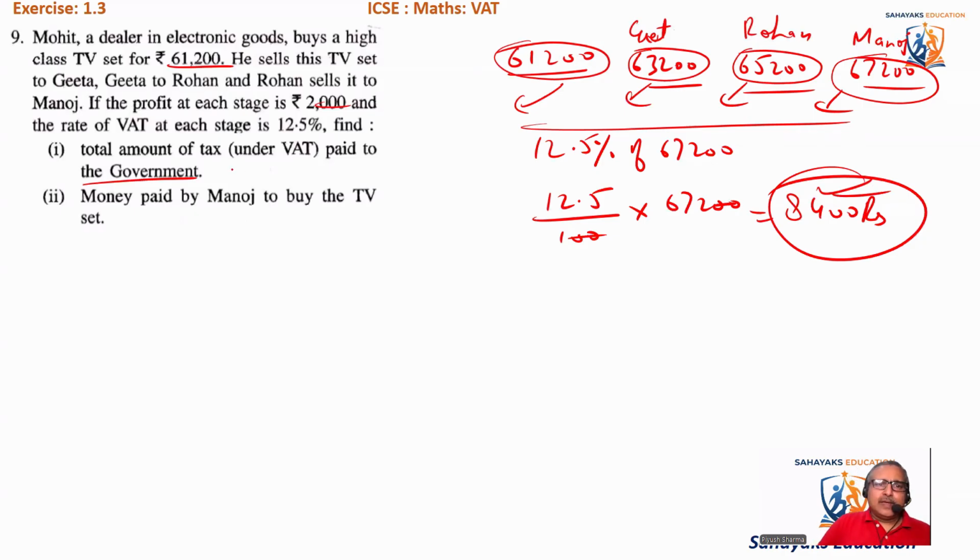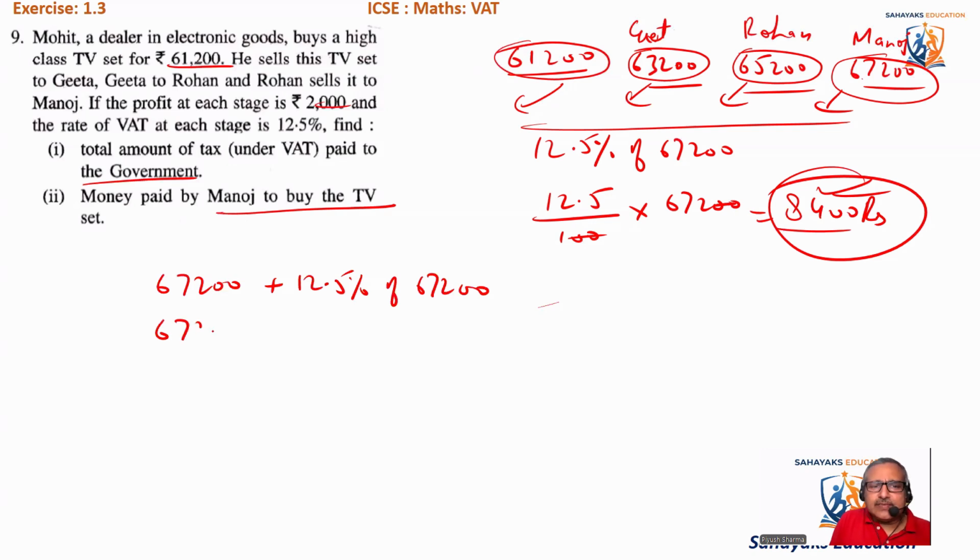the money paid by Manoj to buy the TV set. Okay, how much money did Manoj pay to buy the TV set? See, Manoj bought it for 67200 plus 12.5% VAT. So 12.5% of 67200, we have already calculated, comes to 8,400.